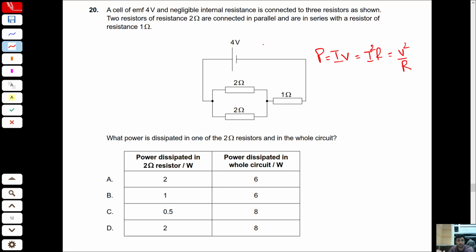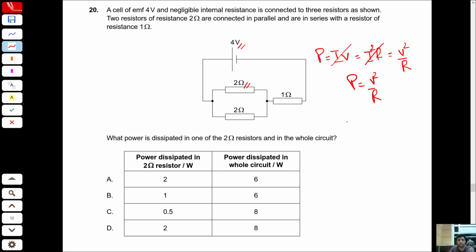We can find the current first, but it will be more work, so we will avoid those. We will use the equation that does not have current. We have voltage information and resistance information, so we have V and R. We can find current, but let's avoid it so that we can solve it more efficiently. So we will use power equals V squared over R.